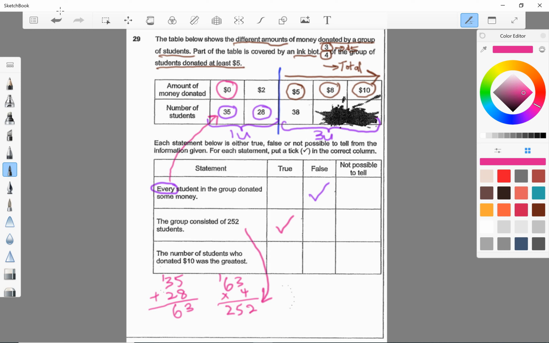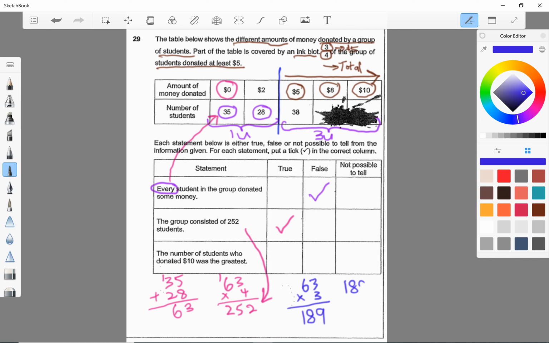Earlier, while solving statement 2, I've already added 35 and 28 to give us 63. I can easily take 63 multiplied by 3 for 3 units. So 3 times 3 is 9, 3 times 6 is 18. So 189 people is 3 units.